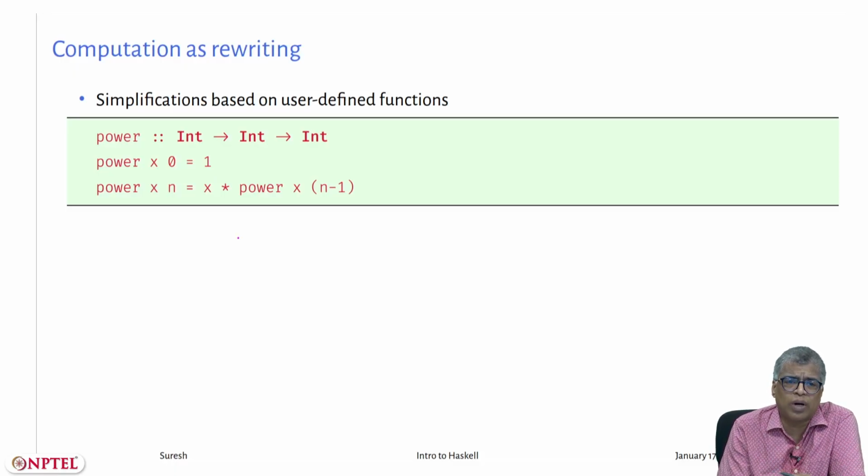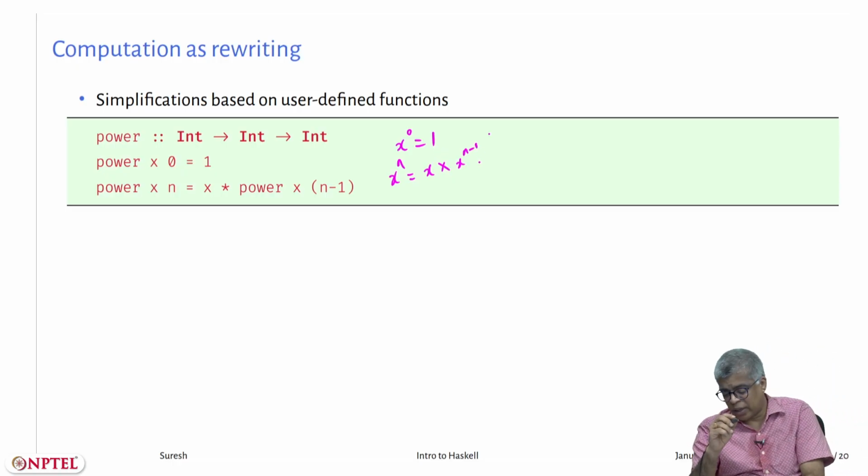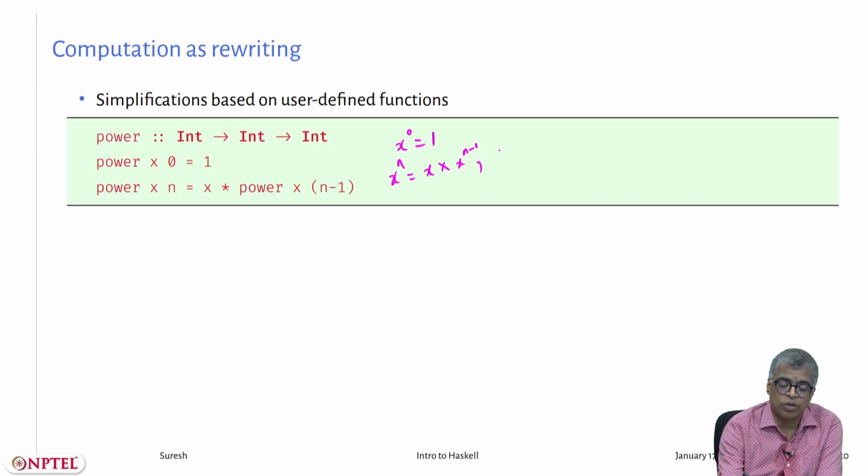Power x 0 is 1, power x n is x times power x (n minus 1). Standard definition, x to the power 0 is 1, x to the power n is x times x to the power n minus 1. So this is what we are defining for n greater than 0, of course.